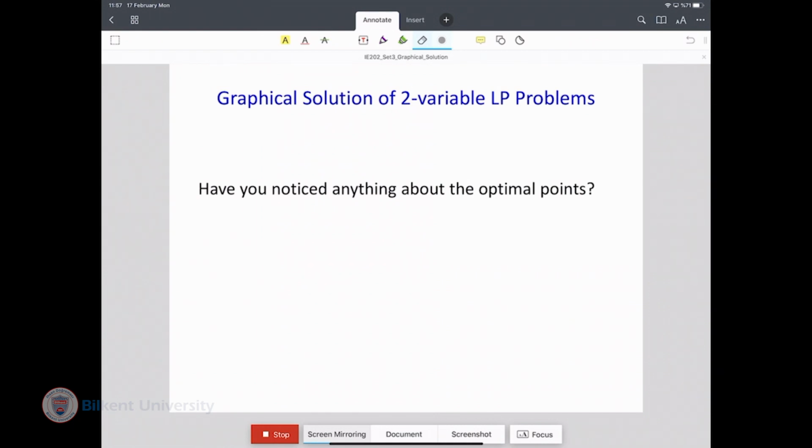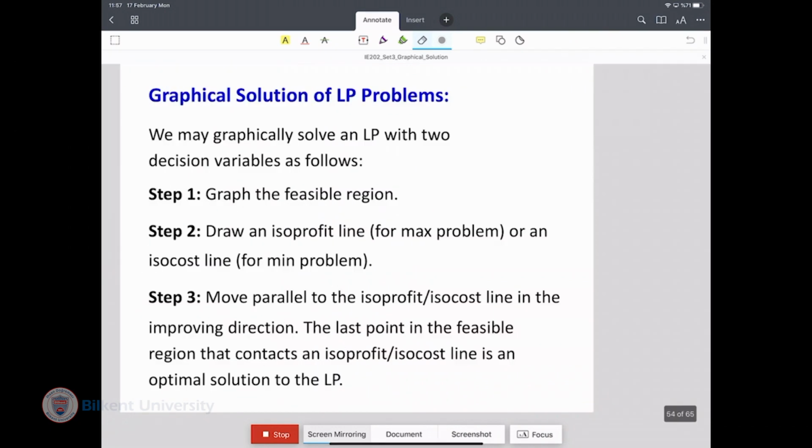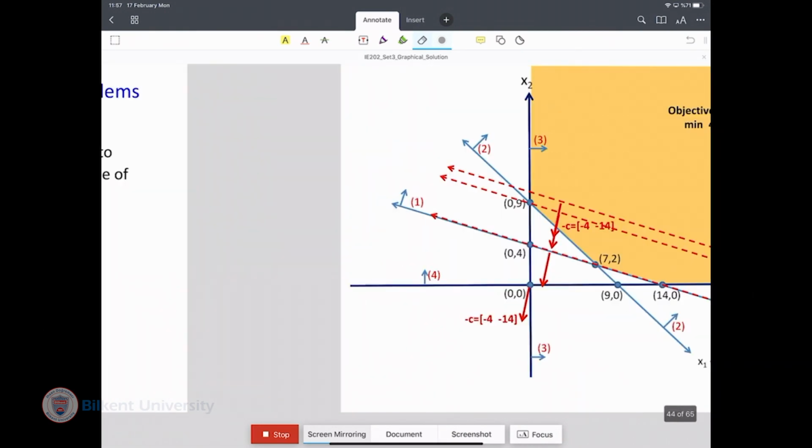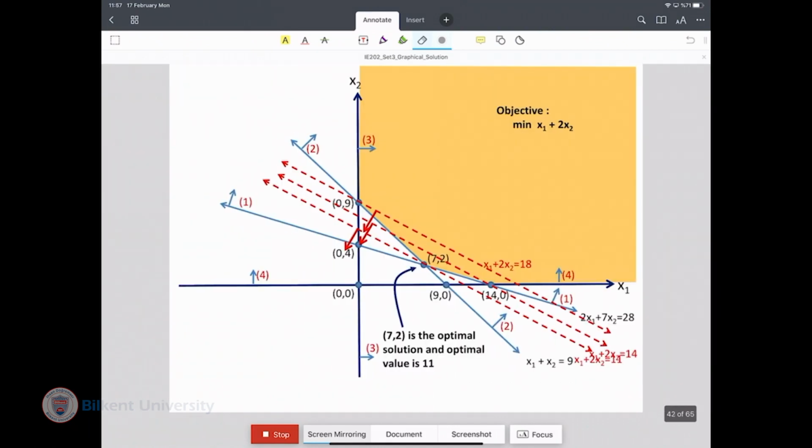Okay, so did we notice anything about the optimum solutions? Let me bring you one of those feasible regions. So what do you think about the optimum solution, the expected? Yes? They're on the boundaries and especially corners, corner points, extreme points.